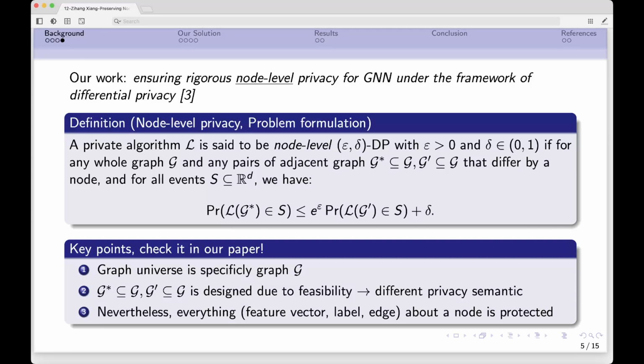In our paper, we specifically discussed the formulation for the adjacent graph dataset, which has a specific privacy semantic. Such formulation is due to the feasibility, but we still maintain strong node-level privacy protection. In other words, we ensure that the distribution of the final trained model stays stable up to the removal or addition of a node, including its feature vector, edges, and labels.